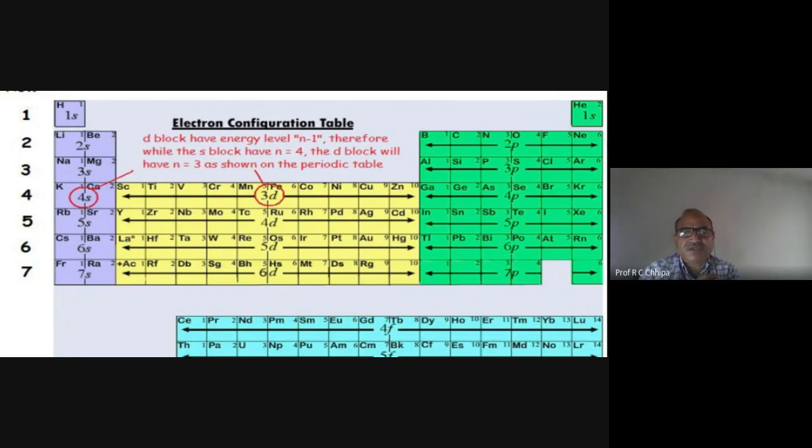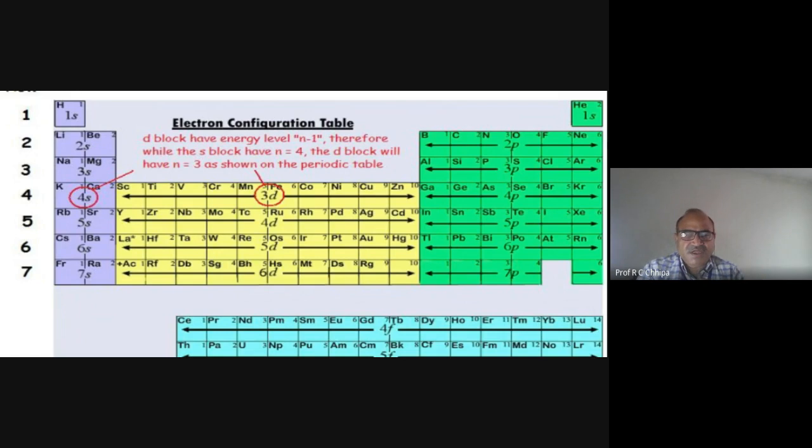The greenish shade is of the p block elements, and the yellowish shade explains the d block elements, called transition elements or transition metals, because most of them show metallic behavior.